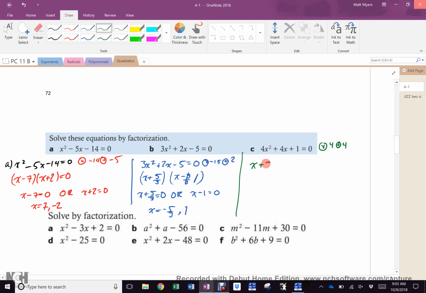So it's x plus 2 over 4 and x plus 2 over 4. What can I do there? Simplify to 1/2. Do I have two factors now? X plus 1/2 and x plus 1/2. Hey, wait a second, they're the same thing. So x has to equal negative 1/2.